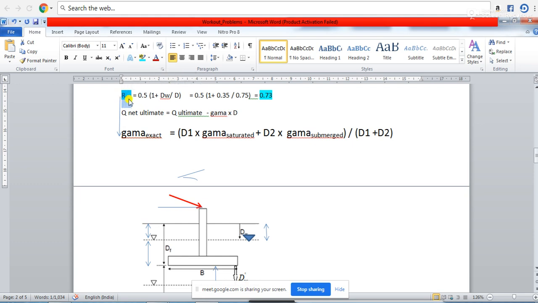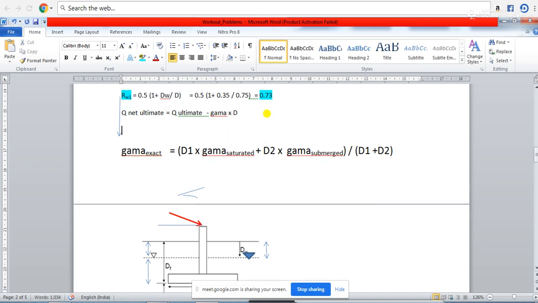Now when you use RW1, it will be 0.5 (1 + dW/D). So the factor becomes, where dW is the depth of the water table, you will have to write it over D, where D is equal to D1 plus D.